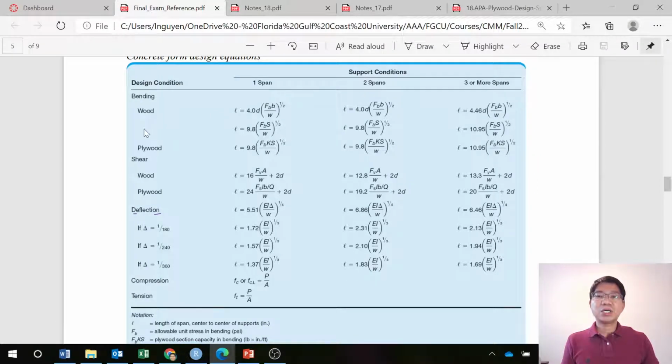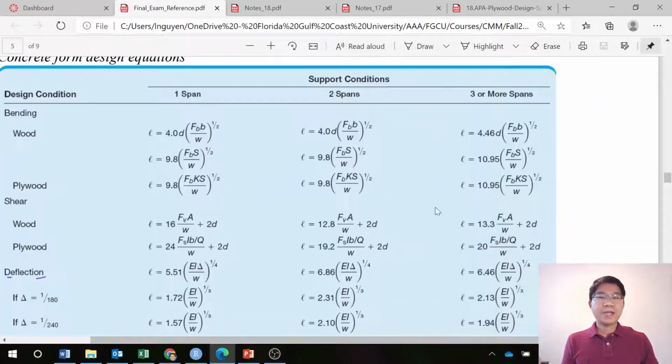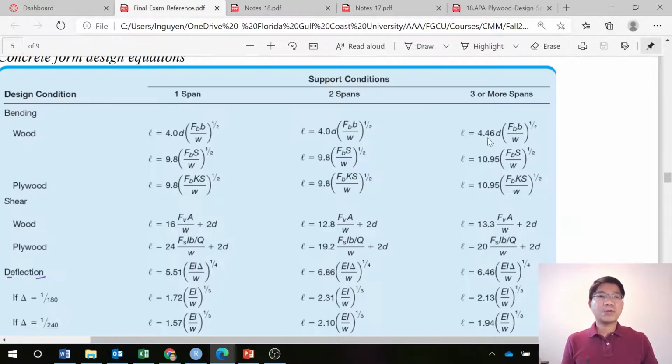This is a plywood, so we have to use 3 or more span and plywood, so we have to use this equation. Unlike in the previous problem, we use the first equation because the sheathing in that case was wood, not plywood, not engineered wood. So instead of the first equation on the last column, we use the third equation in the last column here, right?